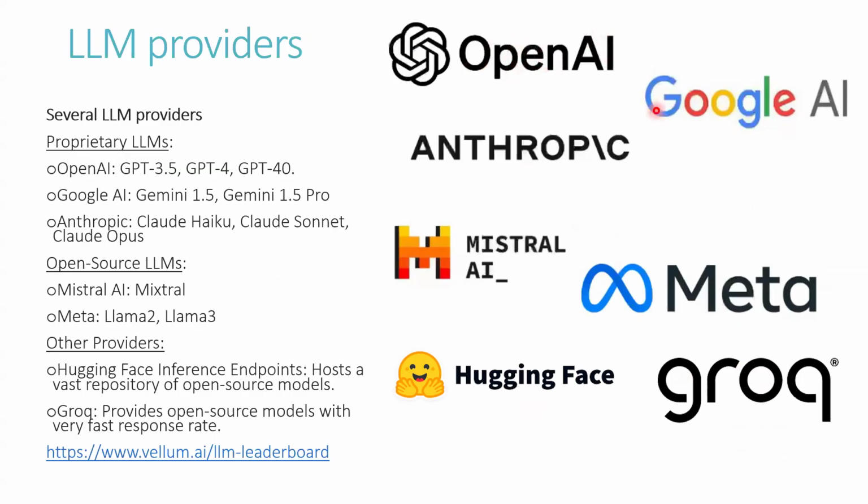For example, OpenAI has models like GPT-4o, o3, mini, and all those. Google has Gemini 2.0, 2.5, and there are Anthropic and Mistral. So they create the models. Meta, Hugging Face, and Grok are basically platforms which host the models, usually open source models. We will be using Grok in our entire course because this is almost free of cost.